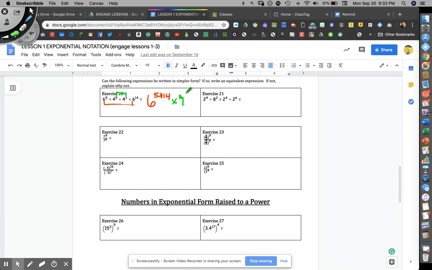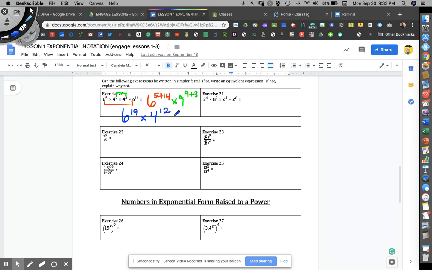Oops, that's a 4. 9 plus 3. So in the end, you should have the final answer of 6 to the 19th power times 4 to the 12th power. And that's exactly how you leave it.